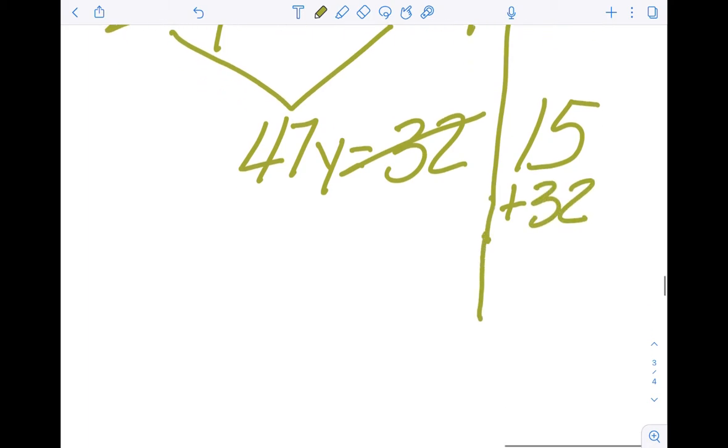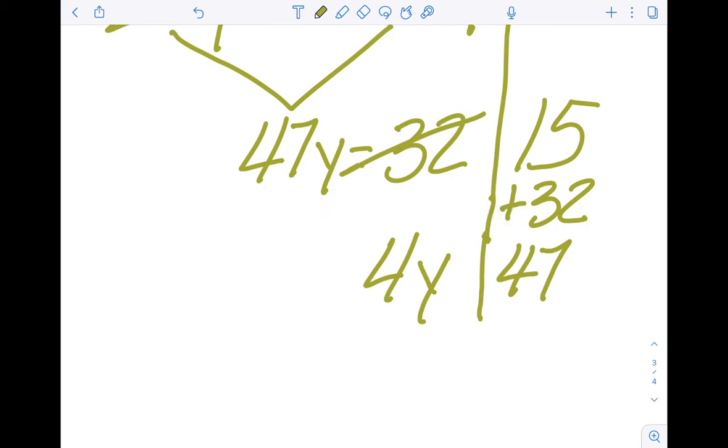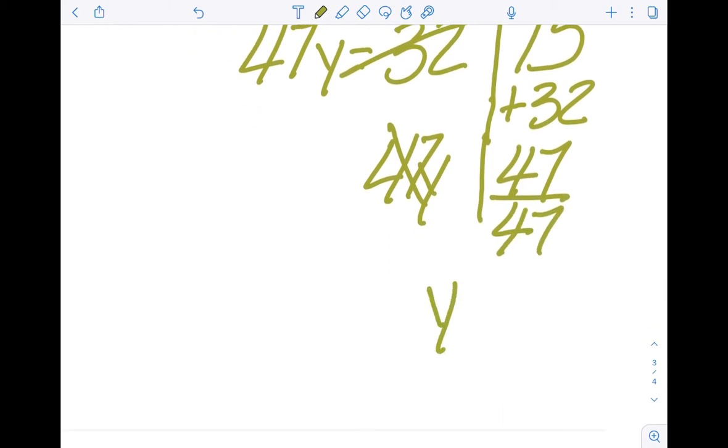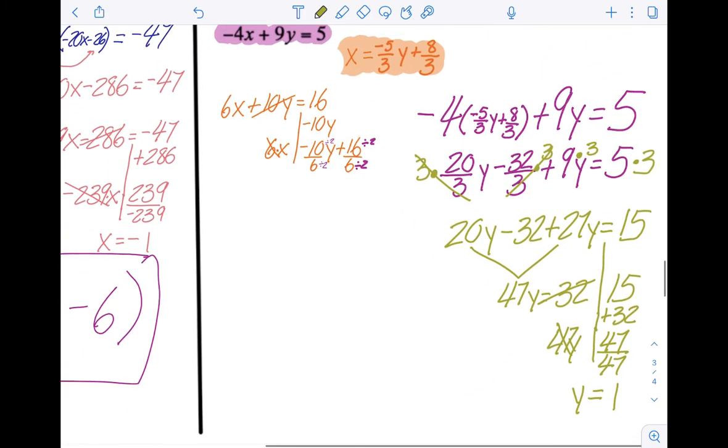And 15 plus 32 is 47. 47y here. The opposite of multiplying by 47 is dividing by 47, and I get y is equal to 1. How about that? y is equal to 1.